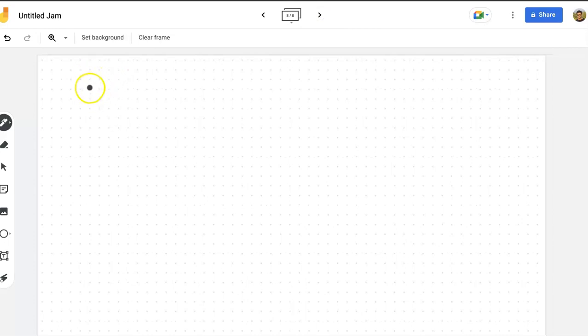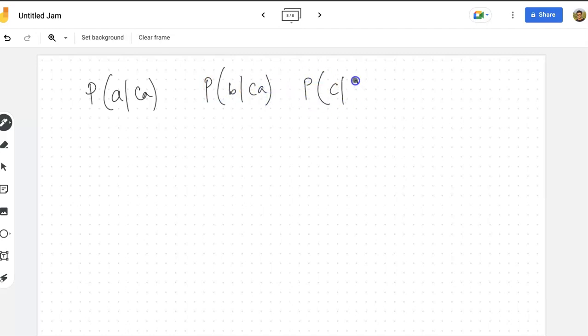So we are finding the probability of PA given CA, PB given CA, PC given CA, PD given CA, and PE given CA. And what is the summation of all these things?